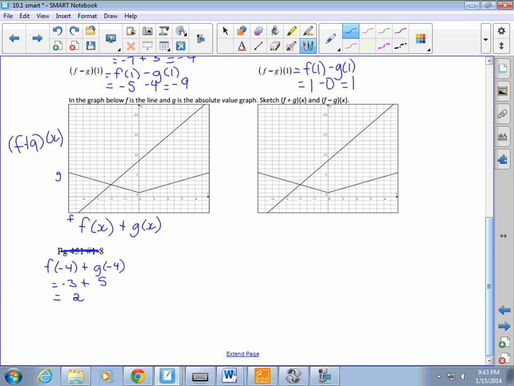So then my new coordinate, if I want to call this my h of x graph, my h of negative 4 would be at 2. As a coordinate, that would be negative 4, 2. So that point would be here, negative 4 and 1, 2.